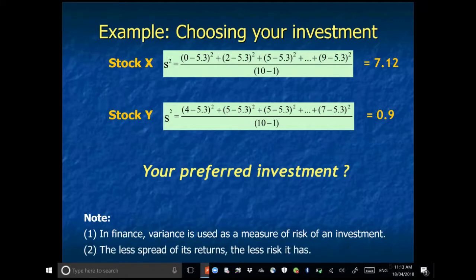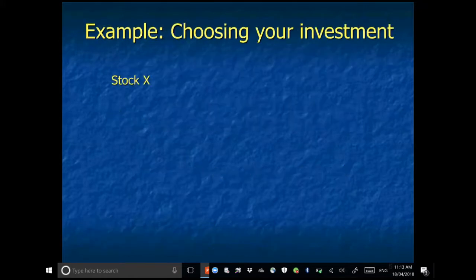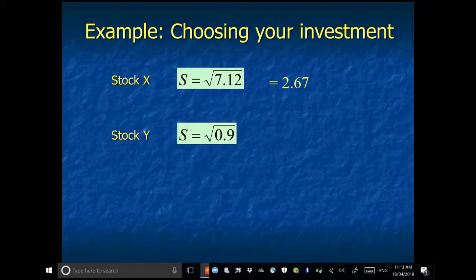Now, the best measure we use for measuring dispersion is called standard deviation. Standard deviation is, again, the square root of the variance, which was measured in the previous slide. The usefulness of standard deviation is it gives you the numbers in the same units as your original data.